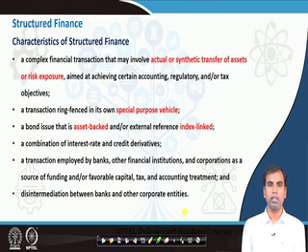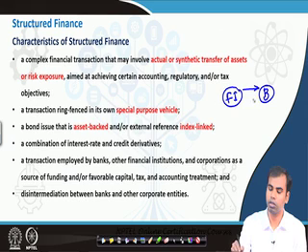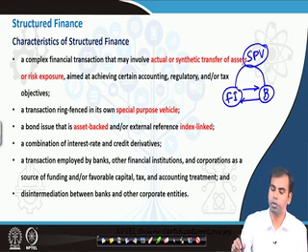Another characteristic has relationship with the transaction, that is ring fenced in its own special purpose vehicle. As we said earlier, the amount of money that is raised by a business entity can directly be raised from financial institutions in return for the ownership or the exposure of the asset, or it can be raised through some special purpose vehicle which is created just for that purpose, where the special purpose vehicle will take the ownership of that asset.